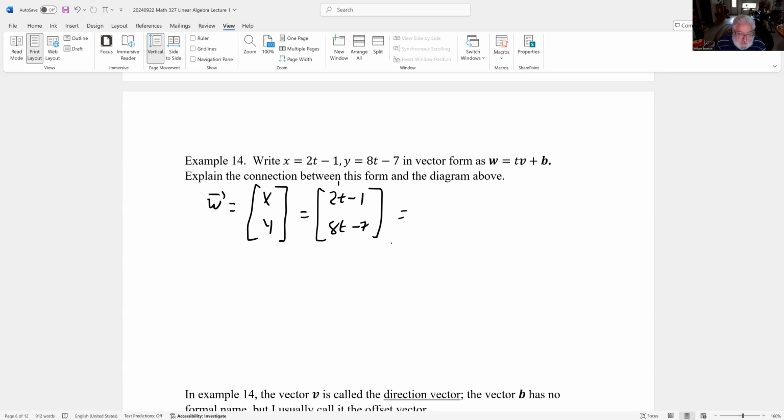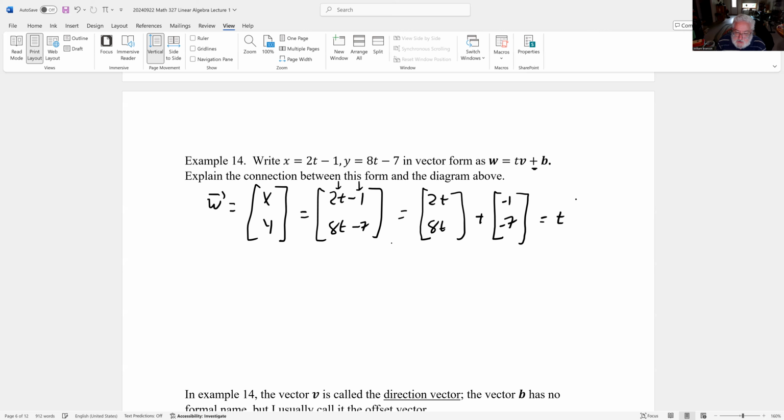So I've got this column and this column, so I can break that into 2t, 8t, minus 1 over 7. Actually, we'll make it a plus and put all the minus signs in there so that we keep this. And I can factor the t out of this because the t is common to both of those things.